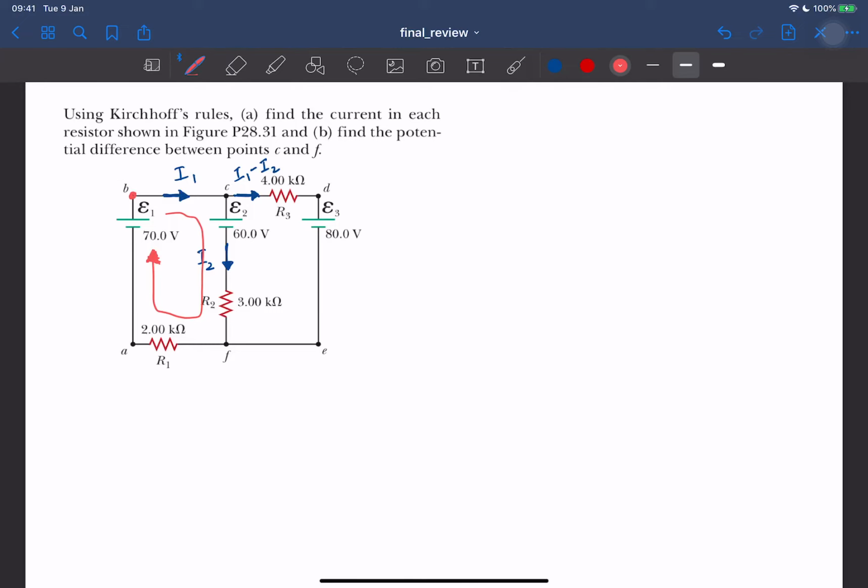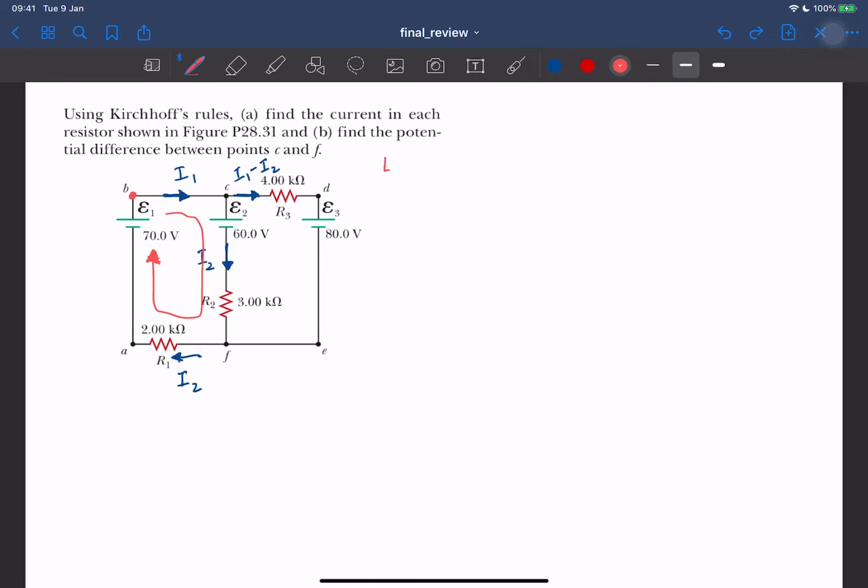So I'm going to walk along the loop, noting that the current might be different in each section. So this one is I1. Another thing you might need to know is that this also has to be I1, because from here to here there's no branching, the current has to be the same.